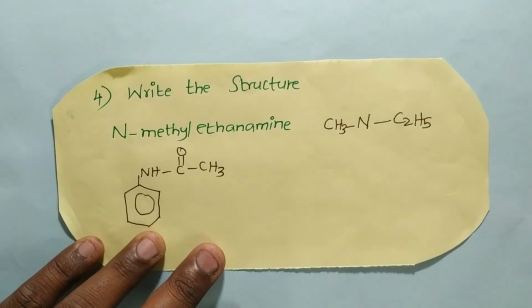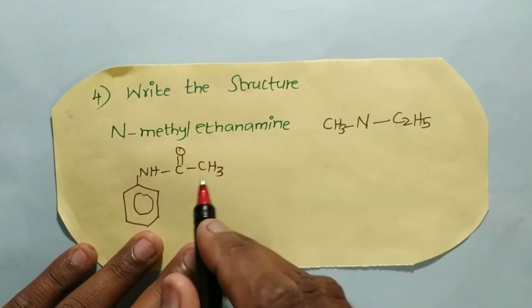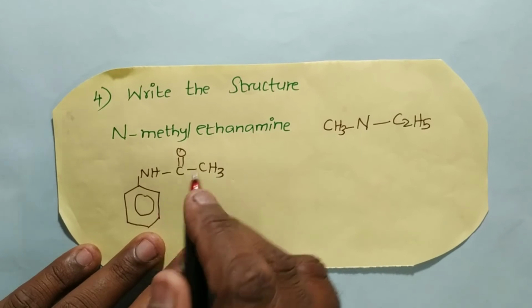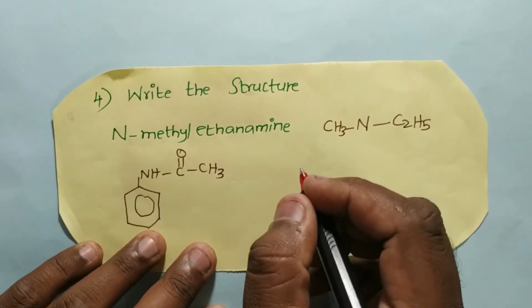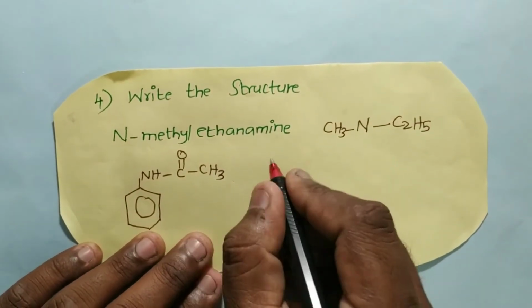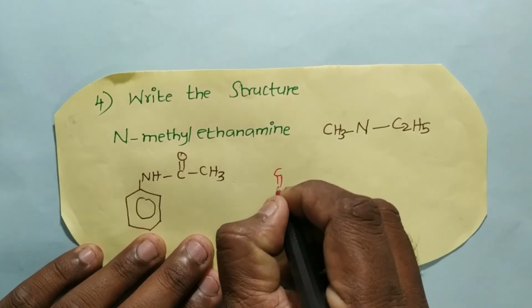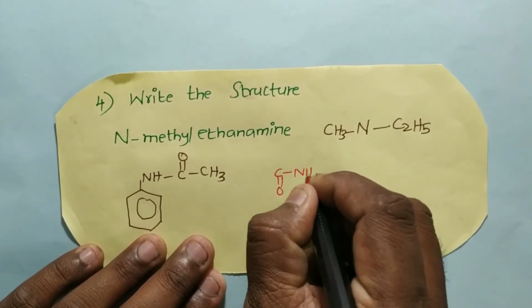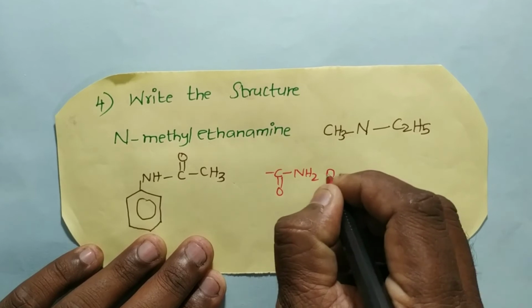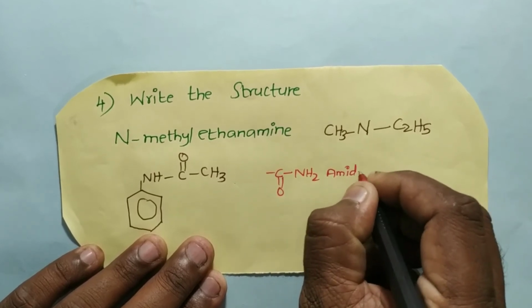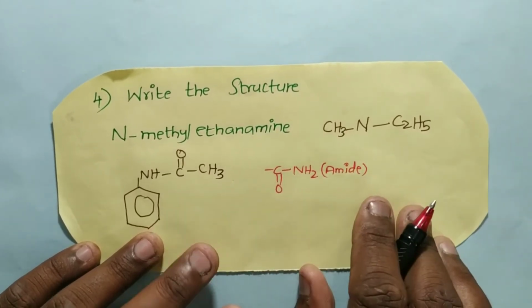And next one is, it is a very important one, CH3CON. As we know, what is the functional group of amide? When we look at C double bond O NH2, that is nothing but amide. Am I right? So it is an amide. Organic amide.